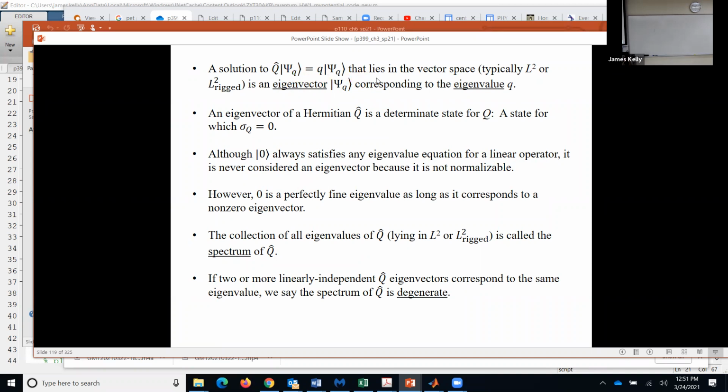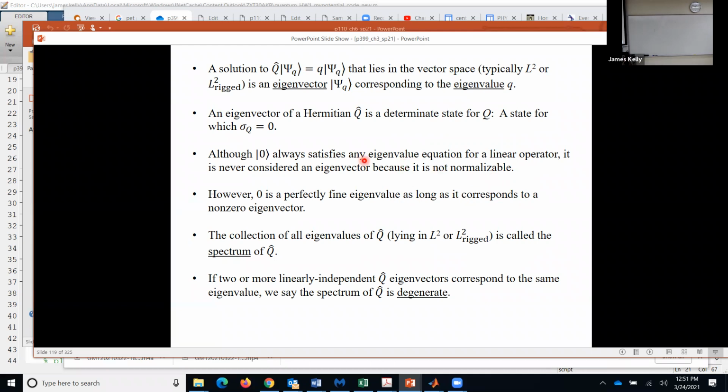So in some sense, it's a trivial solution to the eigenvalue equation, but we're never going to consider it an eigenvector. Even though the zero vector technically satisfies the eigenvector equation, we don't consider it an eigenvector because it's not a normalizable state. So non-normalizable states will not be considered.